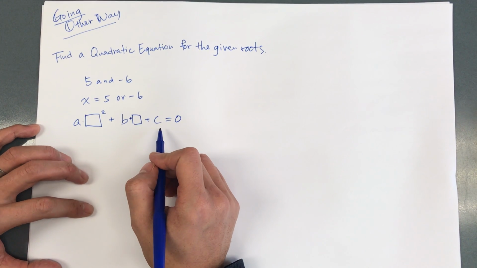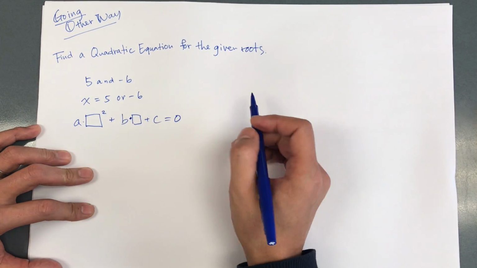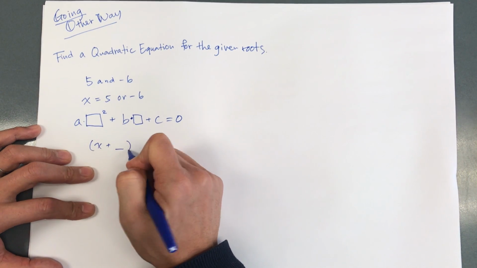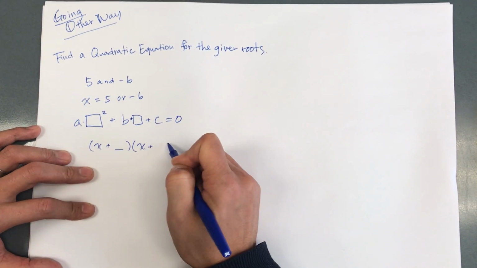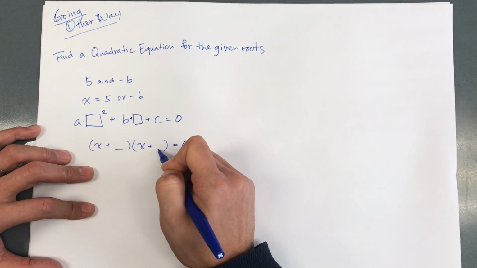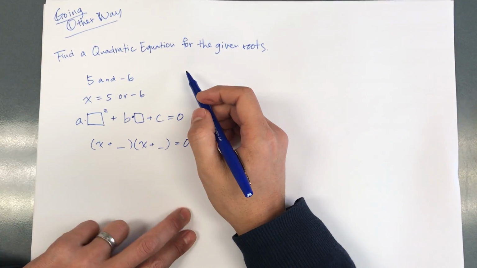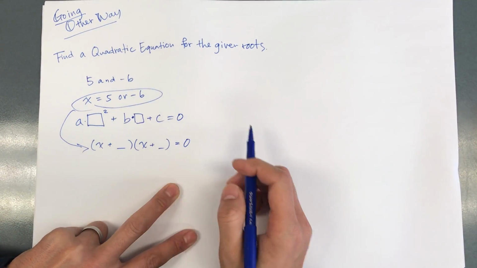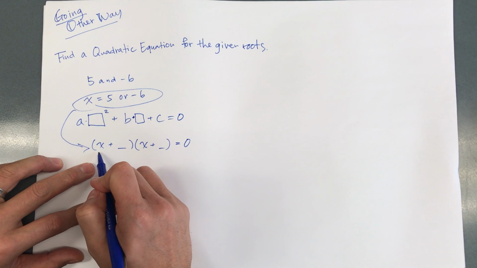That's going to satisfy these equations. So we know the factored form, which is x plus something times x plus something equals 0. By using the zero product property backwards, these are going to fit into this.